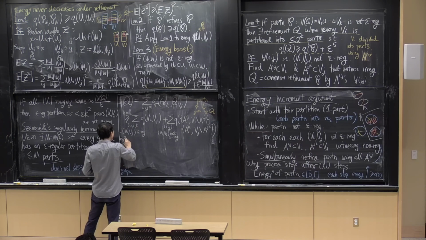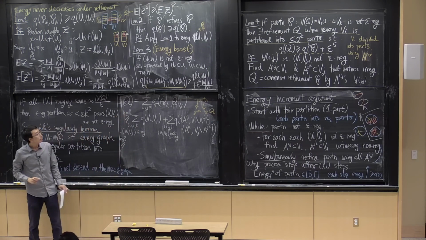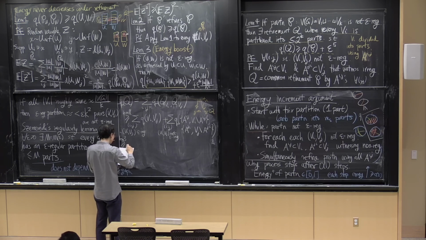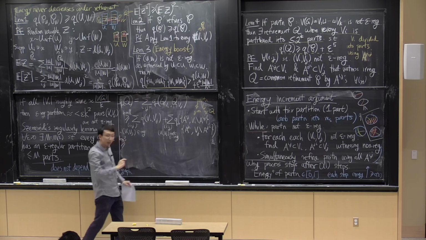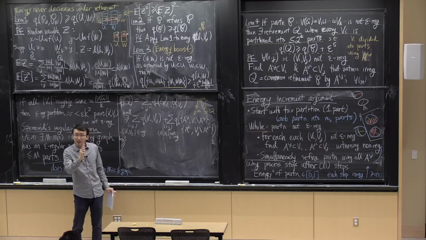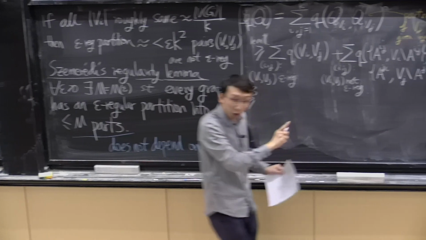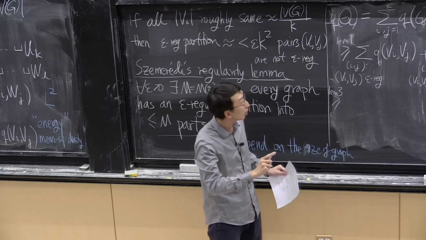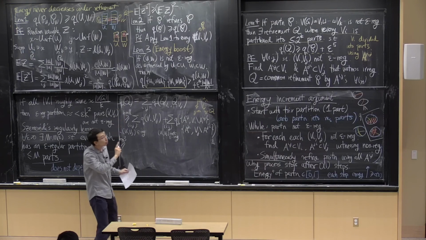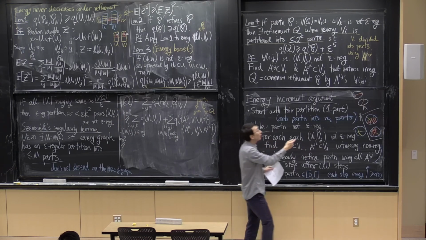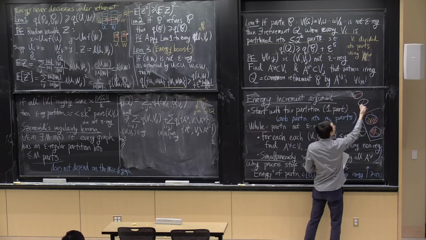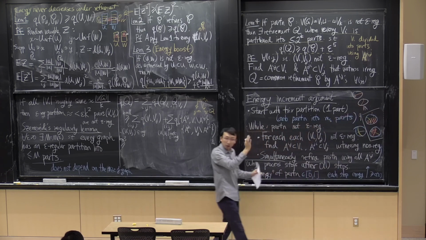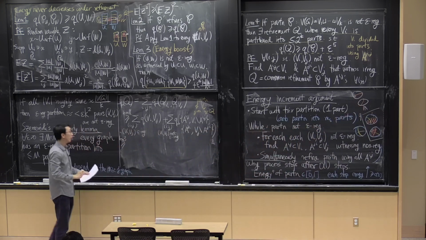Applying lemma 3, the energy boost lemma. The first part stays the same. Okay, so this first part stays the same. And the second part, now because I'm looking at witnessing sets for irregularity, I get this extra boost. So this goes back to one of the questions asked earlier, where in lemma 3, I don't have to now worry about what happens if you have further cuts, because I only need to worry about the case where I only have a single cut between the epsilon irregular pairs.